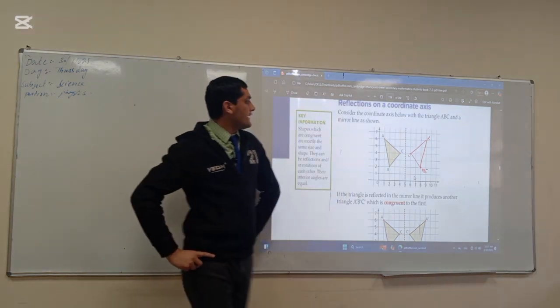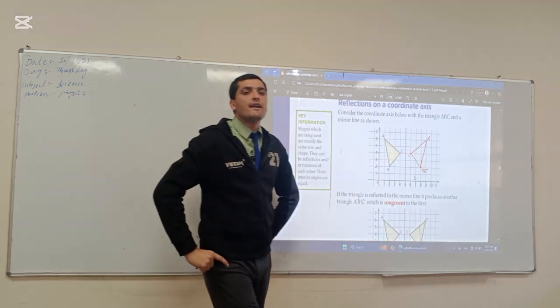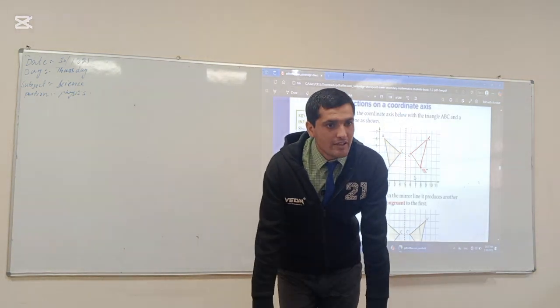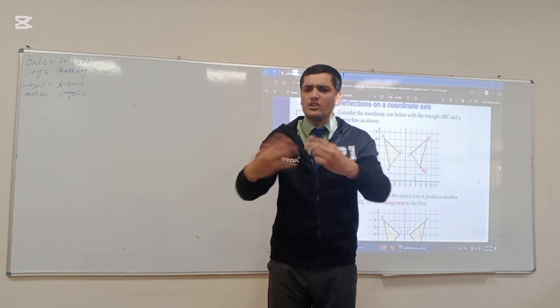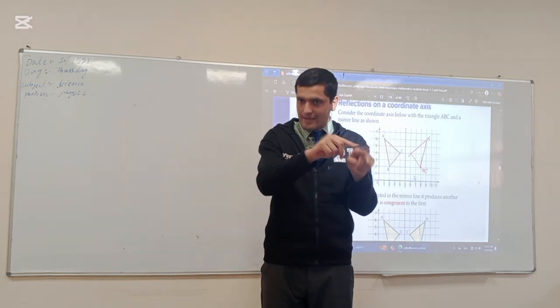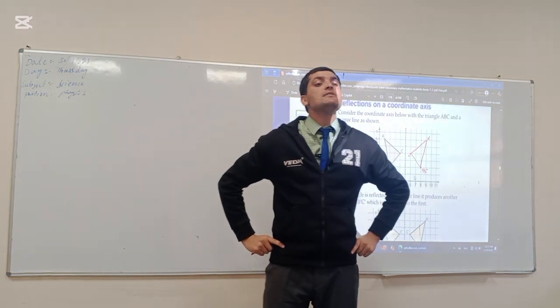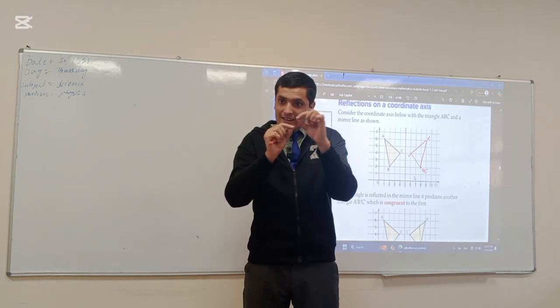Now look here, because we are dealing with coordinate geometry, right now we can't use observation every time. We can, but we have to bring things into coordinate geometry. What is the meaning of coordinate geometry? The coordinates really matter.